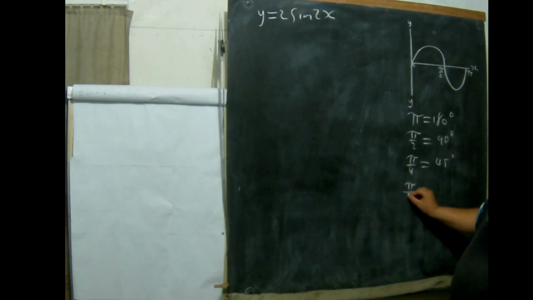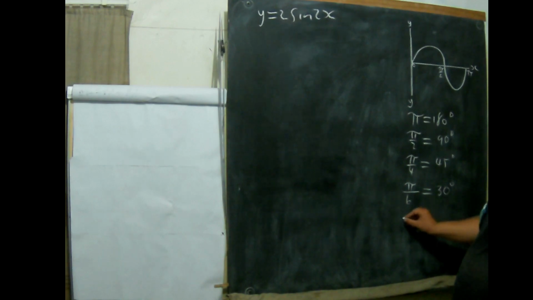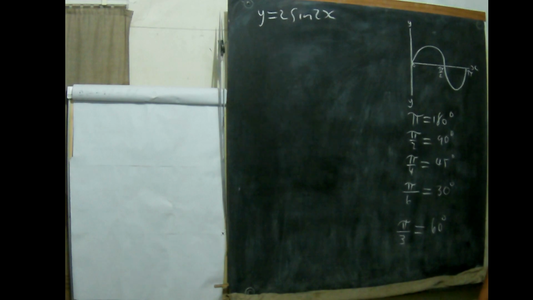Pi over 6 equals 30 degrees. And pi over 3 equals 60 degrees, because 180 divided by 3 is 60.